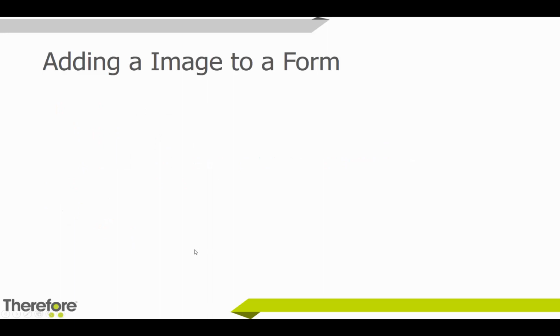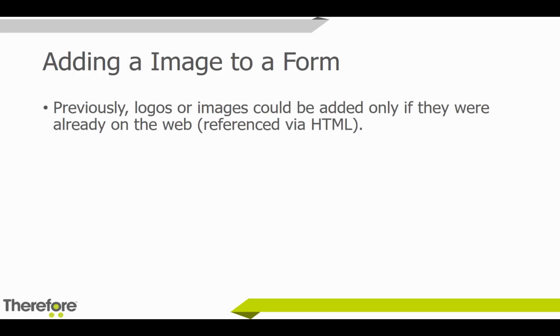All right, so first things first, we are going to be talking about adding an image to a form. If you remember, it was previously possible to add images to eForms. The catch was that those images had to be already on the web, and the way it was done was using HTML. We just referenced the image with a little bit of HTML code, and the image then was put onto the form.